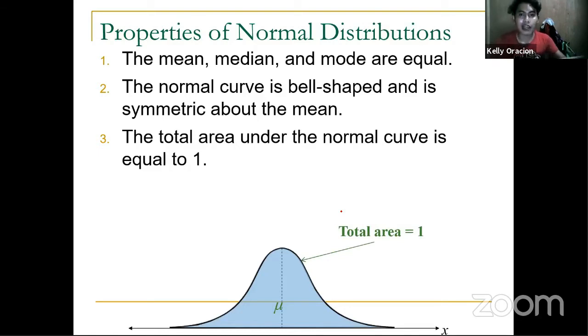The total area under the normal curve is equal to 1. Take note of this one. The shaded blue area is equal to 1.